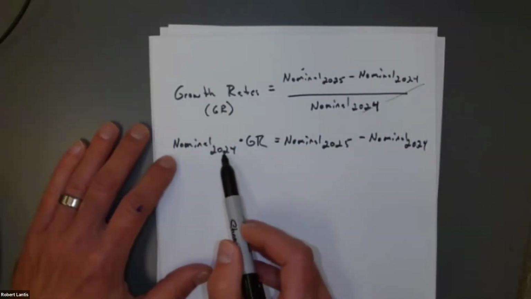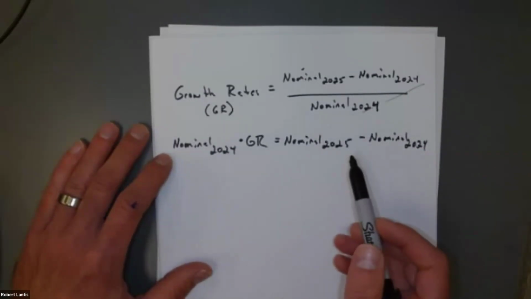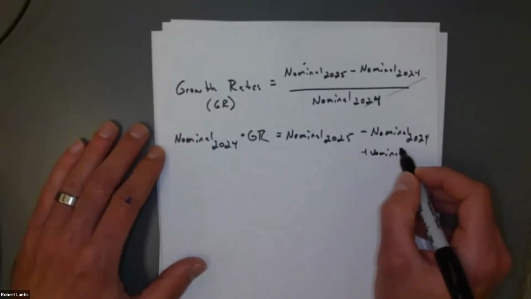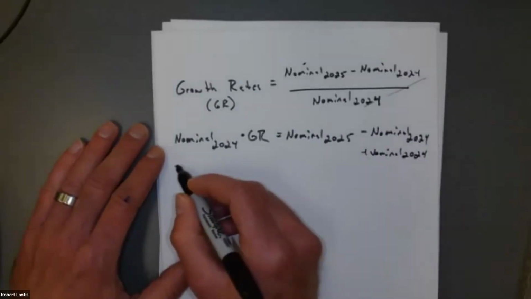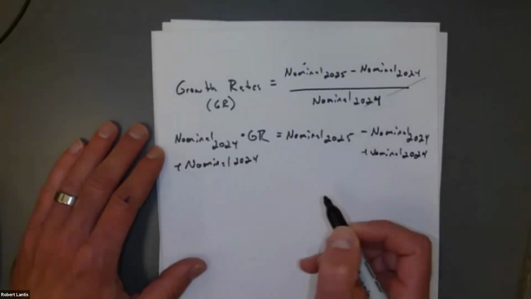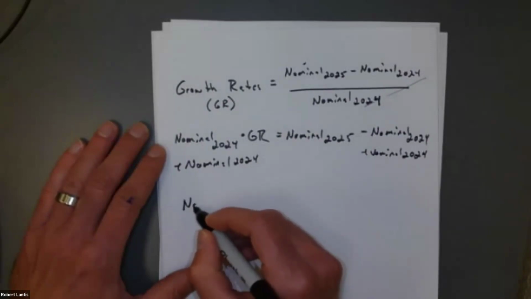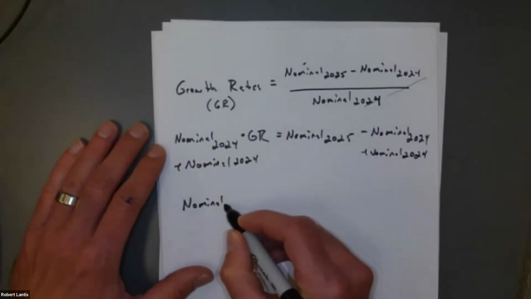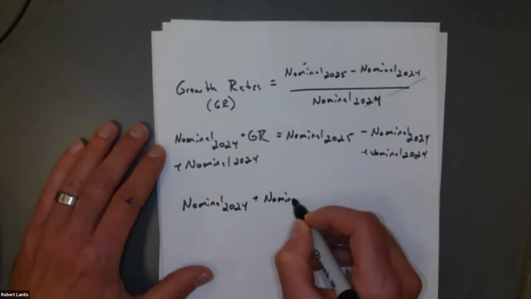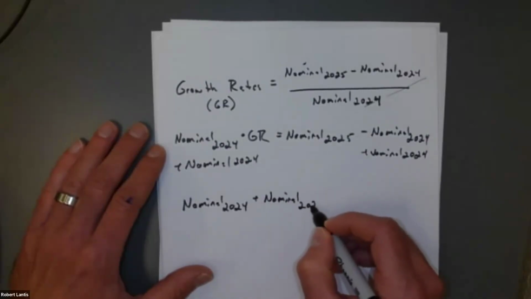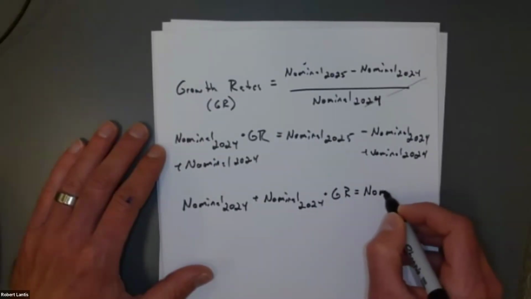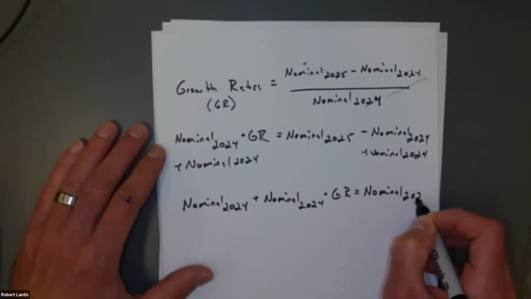Well, if I'm wanting to solve for this, I need to keep on doing some work here. So I'm going to add this to both sides. What I'm now left with is my nominal GDP in 2024 plus my nominal GDP in 2024 times my growth rate should be the nominal GDP in 2025.